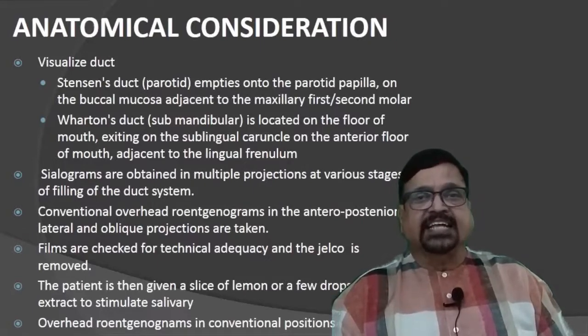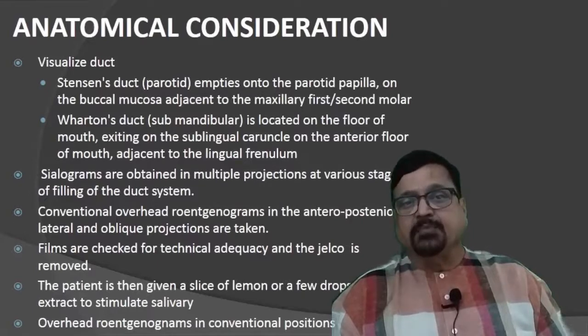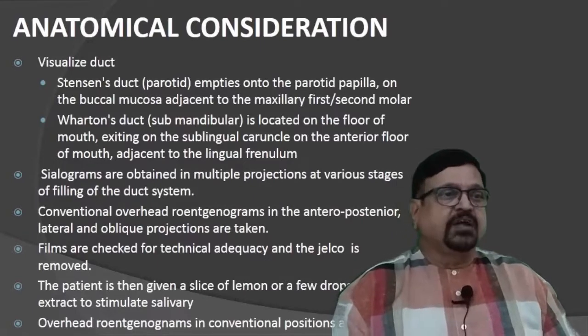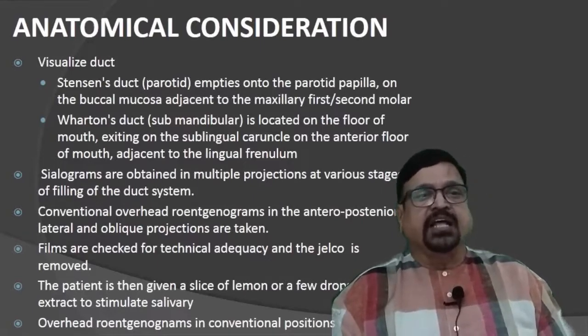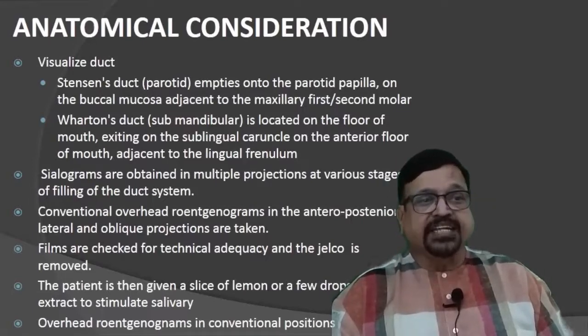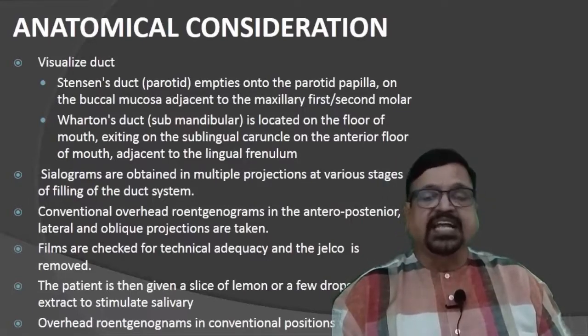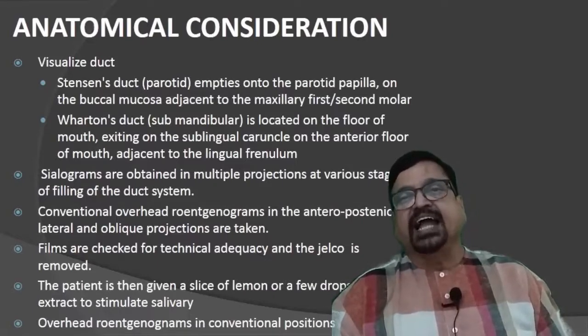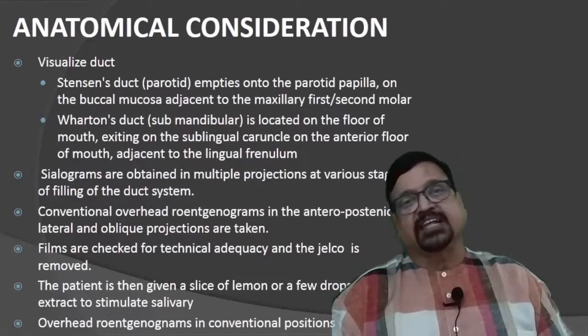So all the trials are done while doing a scanogram or scout film, and that will give us a faster rapid sequence during the procedure. Now conventional overhead radiographs in anterior, posterior and lateral projections are what is required. The films are checked for technical accuracy, technical errors, Jelco position, and whether the dye has gone into the duct or there is extravasation.